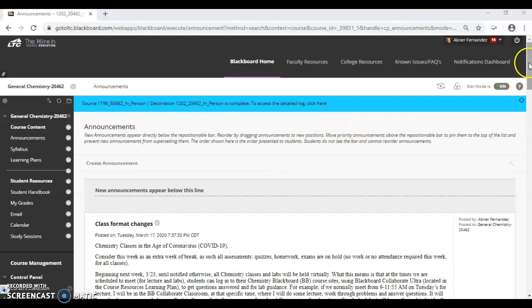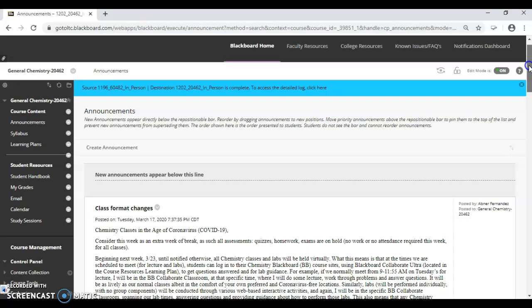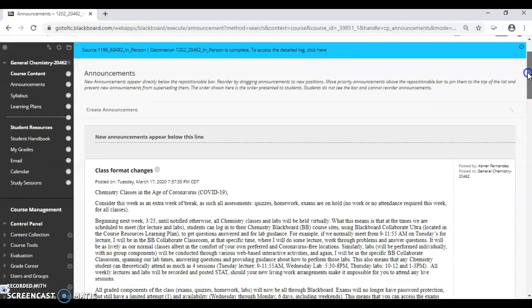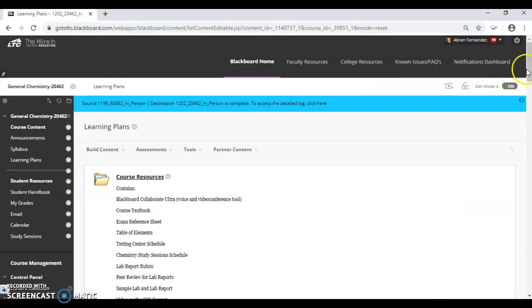So the only difference going forward, obviously, is the lectures and the labs are online, virtual, and also a lot of the assessments, in fact, all of the assessments will now be either performed or submitted through Blackboard.